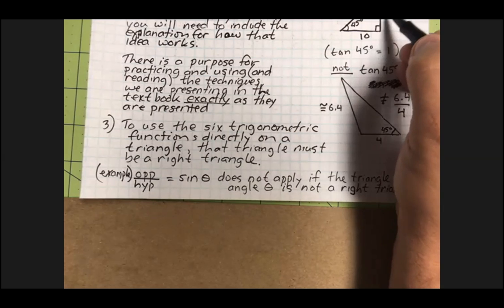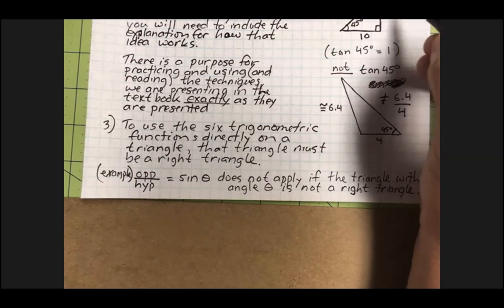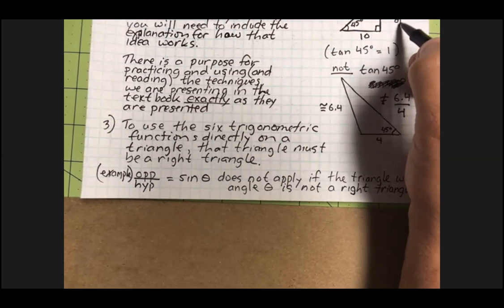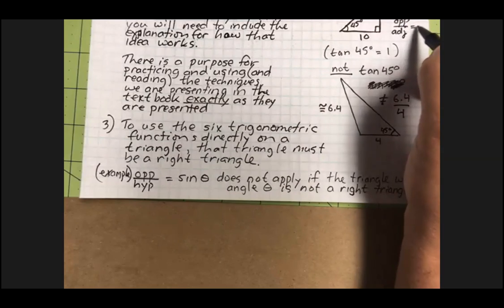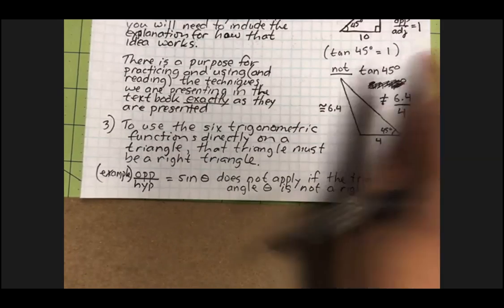And there, the opposite side over the adjacent side will always have a ratio of 1 to 1.